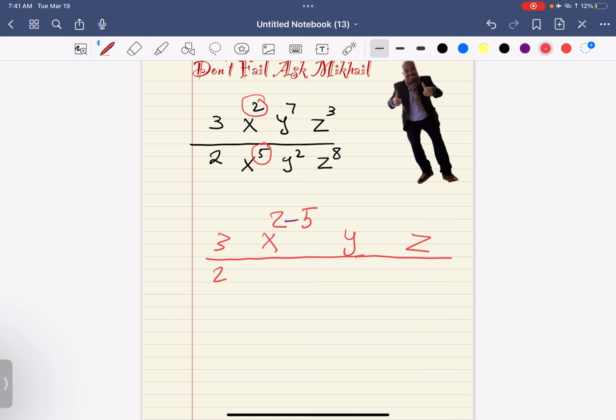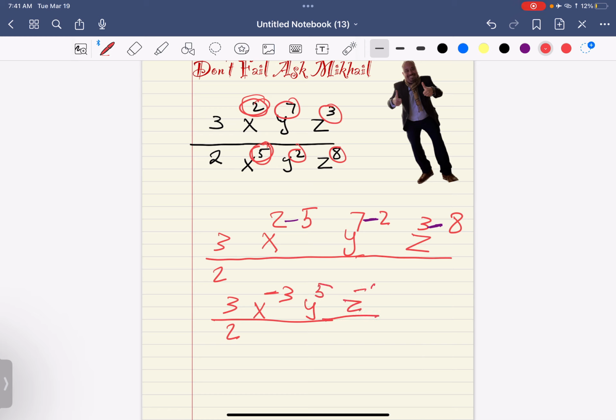Exponent of the top is 7 minus exponent of the bottom is 2. How about the z? Exponent of the top is 3 minus exponent of the bottom is 8. So top minus the bottom, top minus the bottom, top minus the bottom. So that's going to be equal to 3 over 2, x to the negative 3, y to the 5th, z to the negative 5. Everyone that has a negative exponent is going to go down there.